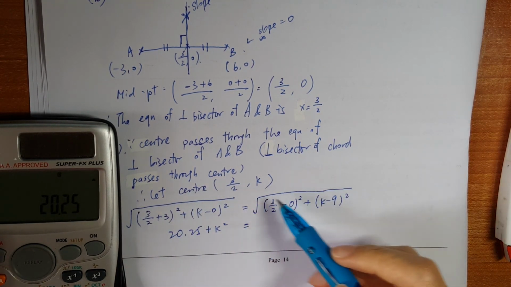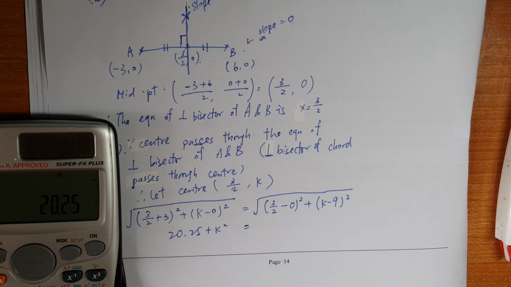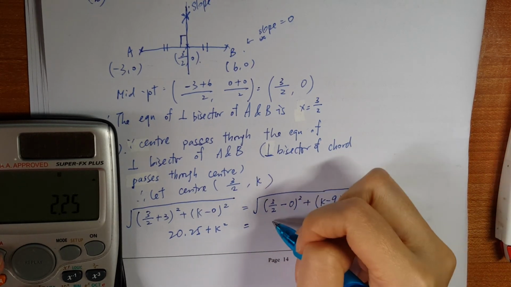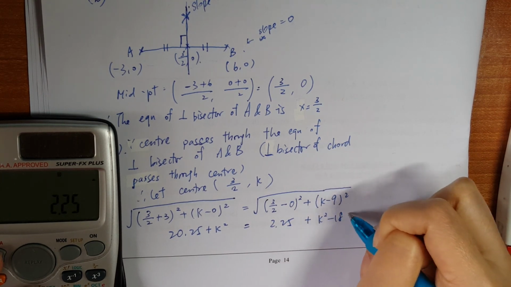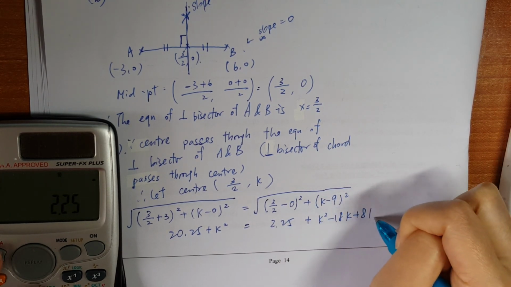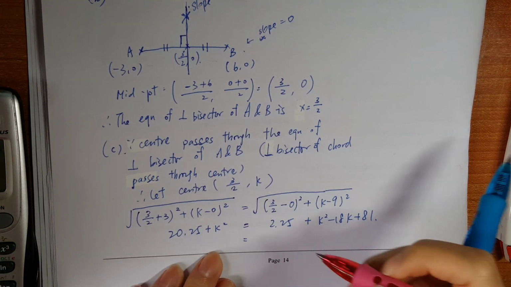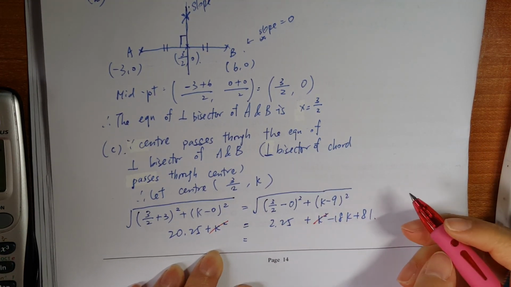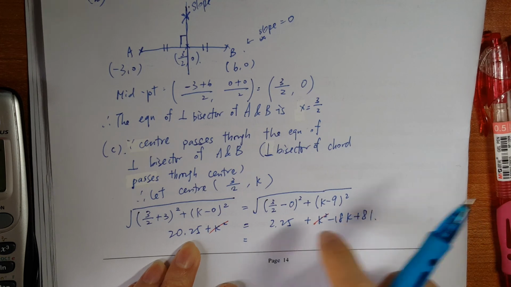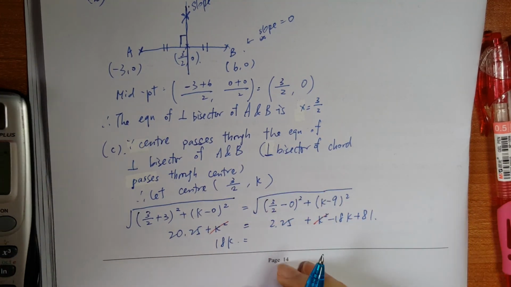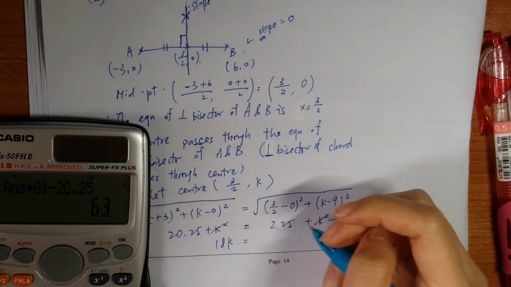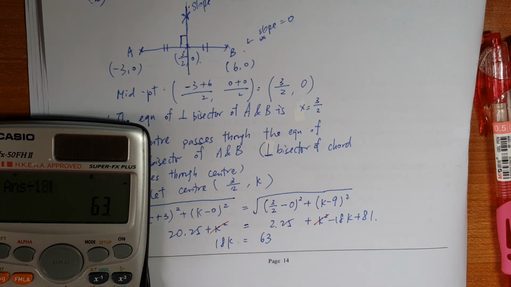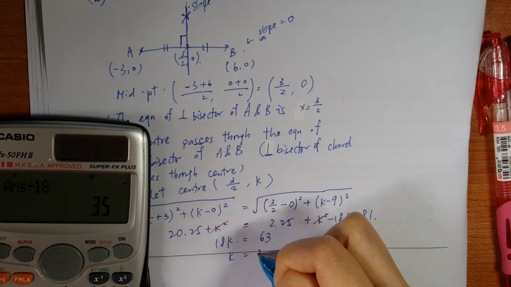So both sides you have the square root, that means you can cancel out. And then you will get 2.25 plus k squared minus 18k plus 81. So both sides you have k squared, you can cancel out. And then you have 18k, you put it to right hand side. So 2.25 plus 81 minus 20.25. So you will have 63 divided by 18. So you will get k equals to 3.5.